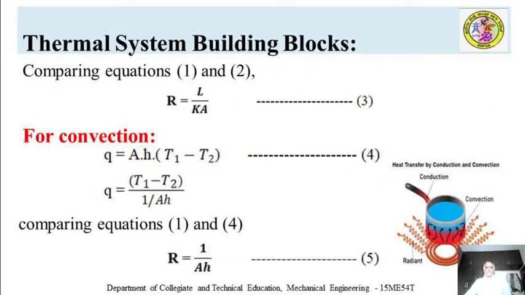So R equals L by KA, where L is length, K is thermal conductivity, and A is area of cross section.